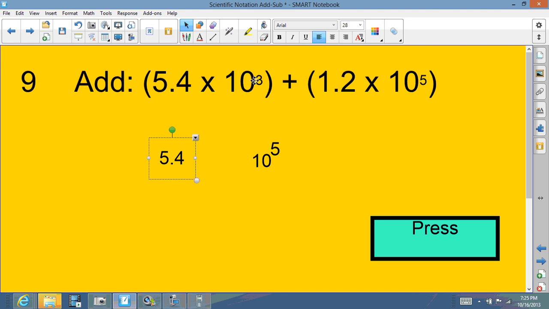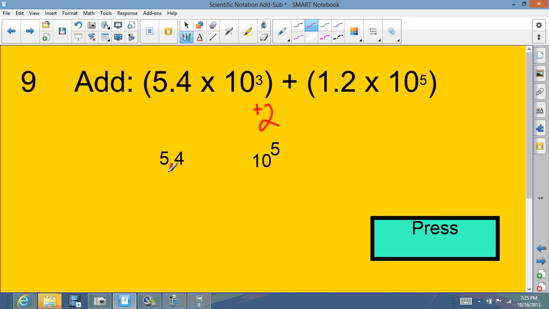So if this is going to go up, the value of the coefficient is going to go the opposite direction. So if this exponent went up by 2, the value of the coefficient has got to go down by 2. So I'm going to go down by 2 places.